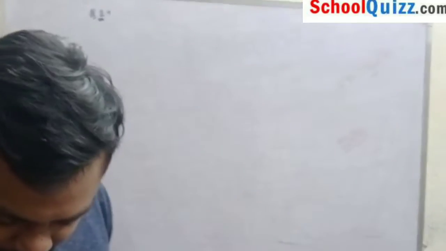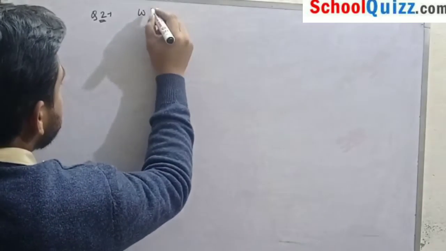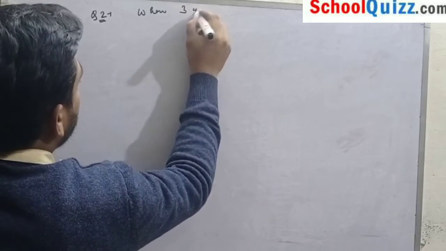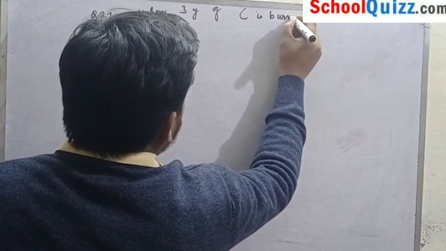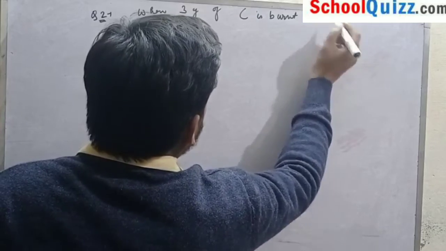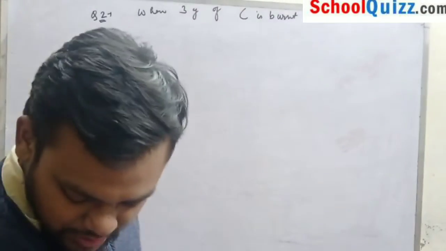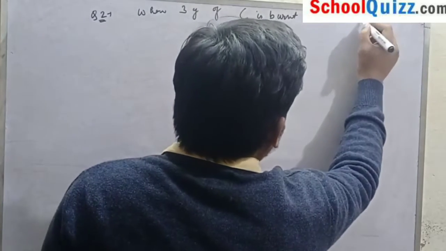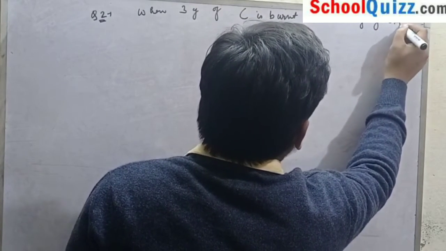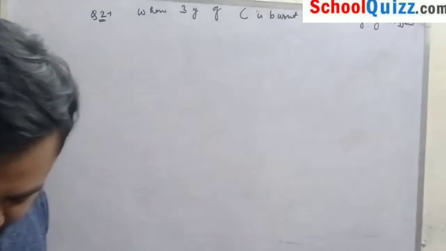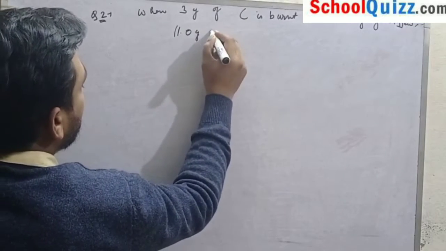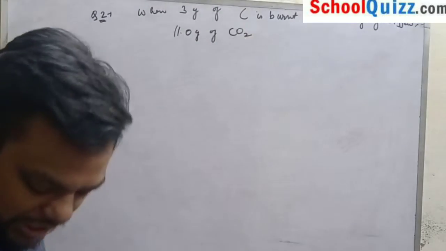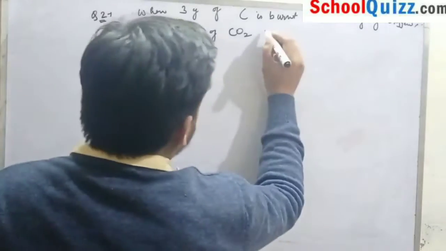Question number 2 is: when 3 gram of carbon is burnt with 8 gram of oxygen, 11 gram of CO2 is produced.